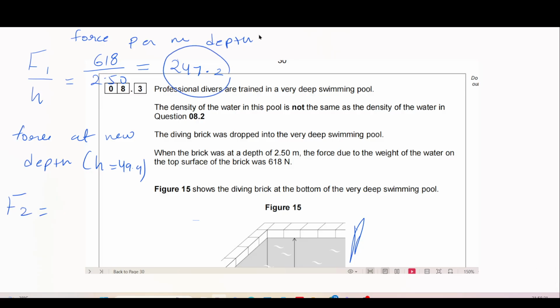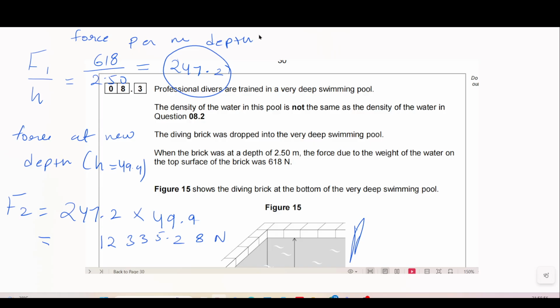If you multiply it with the new height, you will get the total force. So 247.2 times 49.9. This will give you an answer which is 12335.28 newtons.